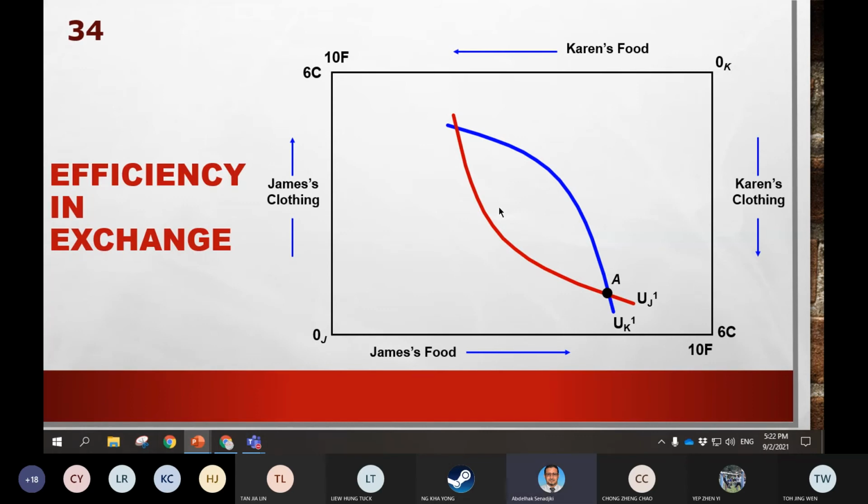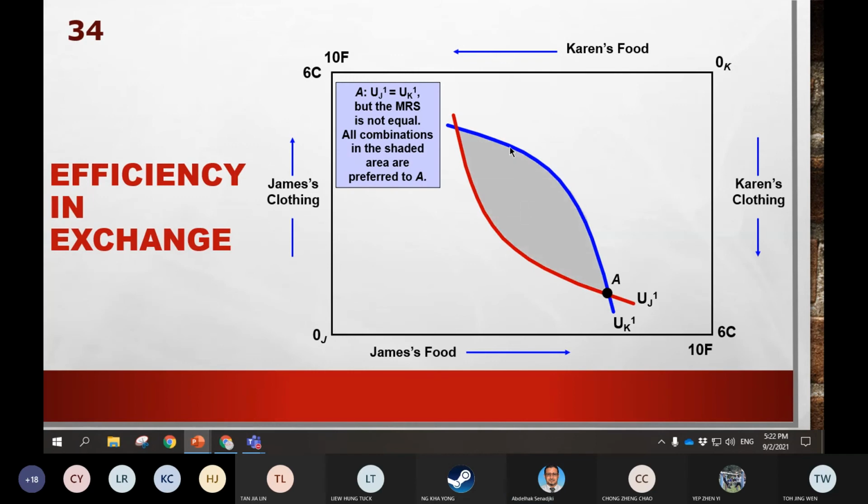So this shaded area between the two indifference curves represents all possible allocations of food and clothing that would make both James and Karen better off than point A. It could be here, here, here, or here.